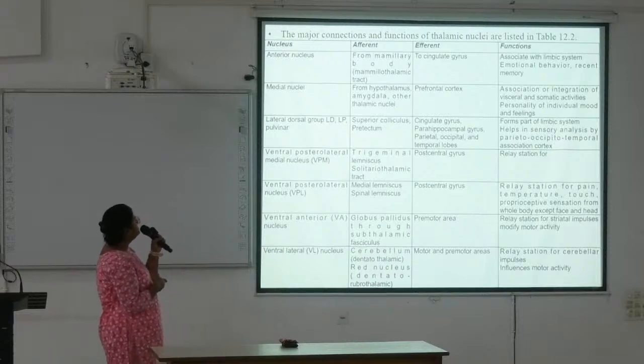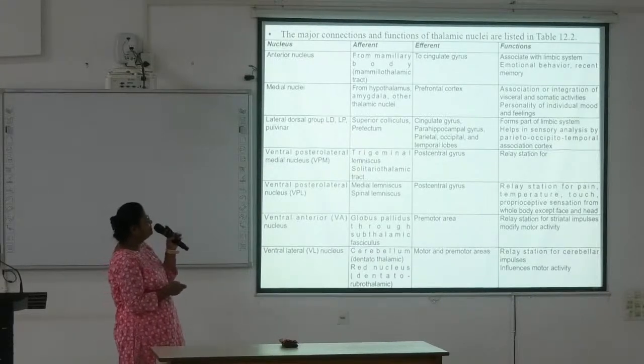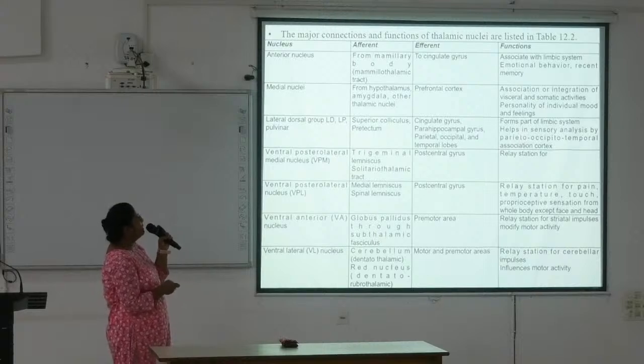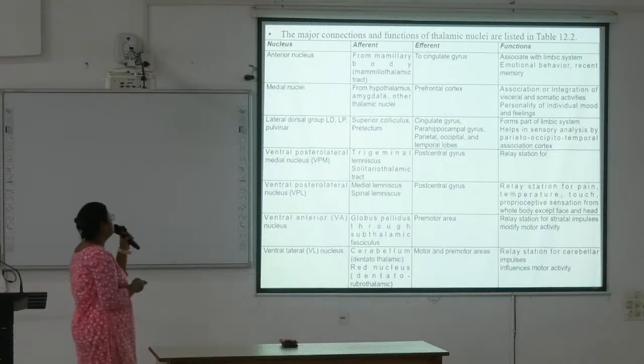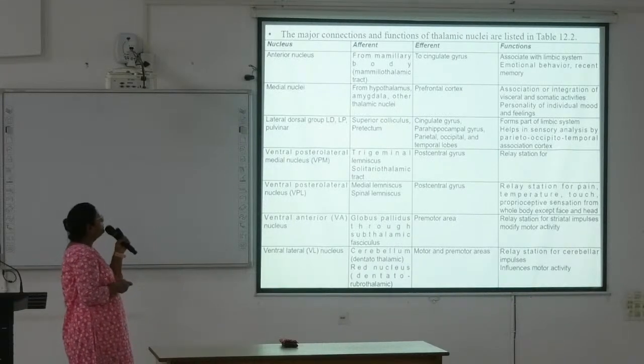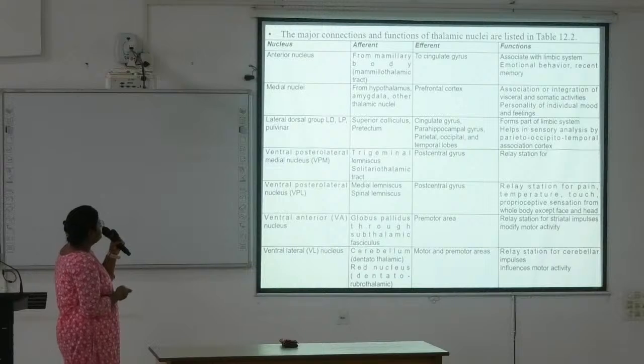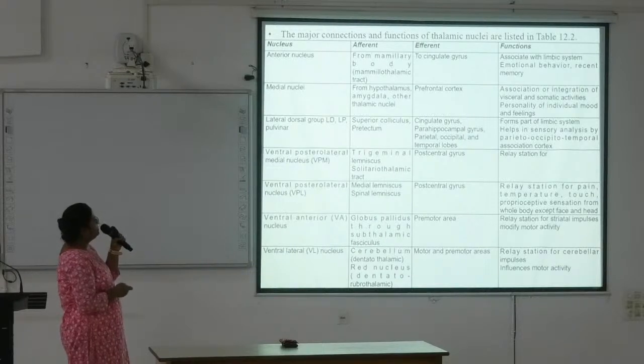And what are the functions of the dorsal group? It forms part of the limbic system and helps in sensory analysis by the parieto-occipito-temporal association cortex. Next is VPM, ventral posteromedial: trigeminal lemniscus and solitariothalamic tract.